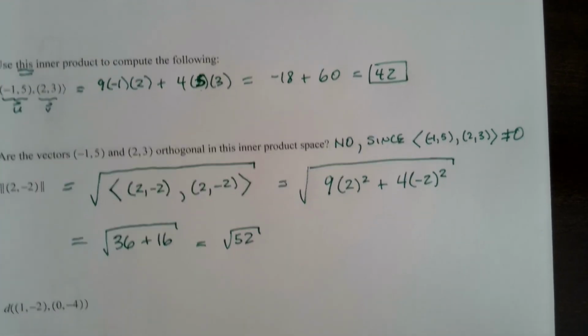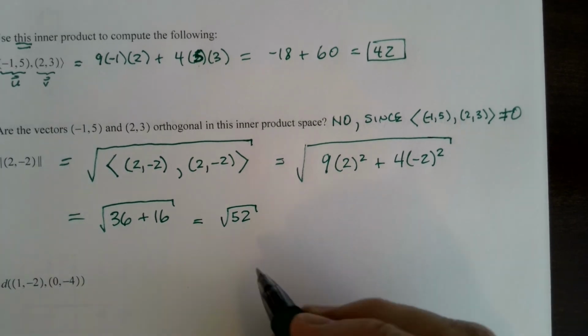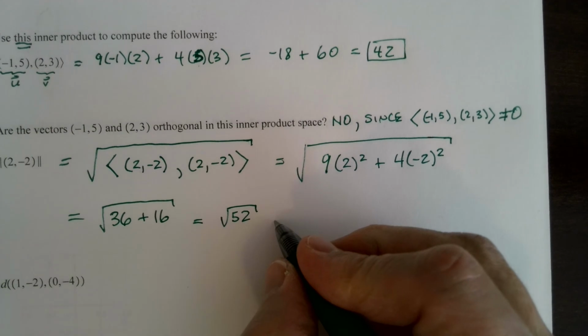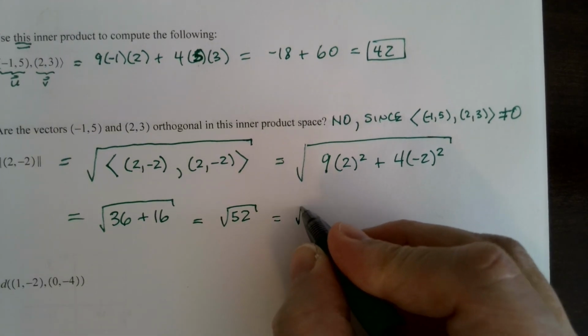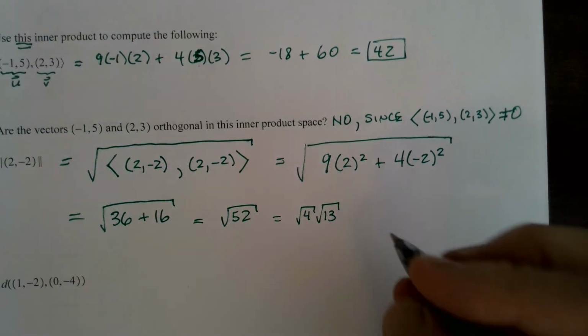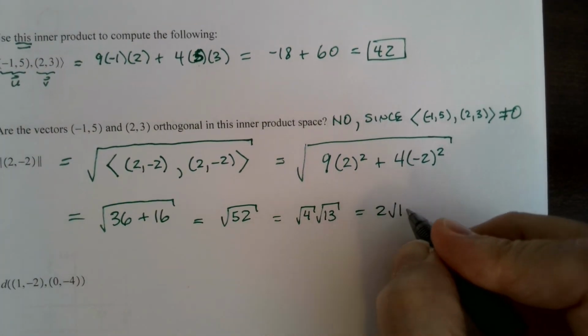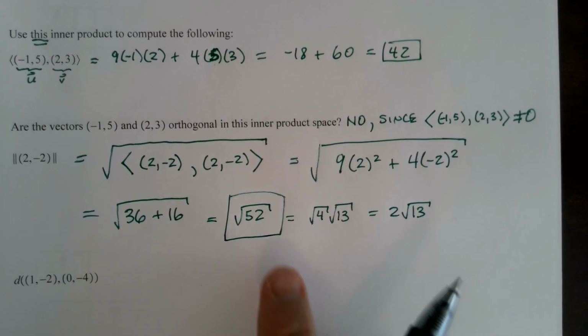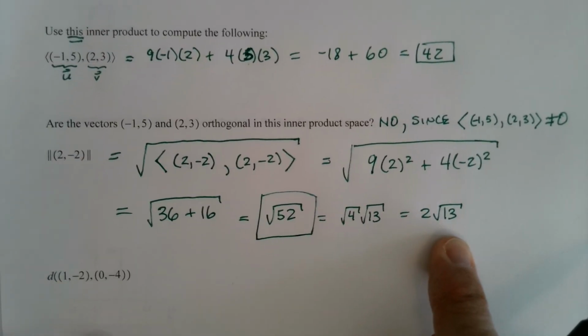If you want to really impress me, then you might recognize the fact that 4 is a factor of 52, and so I can write this as the square root of 4 times the square root of 13. 4 times 13 is 52, which is 2 square root of 13. So I would be really impressed with that, but I'm fine with that. Okay, so no, not really impressed, but okay.